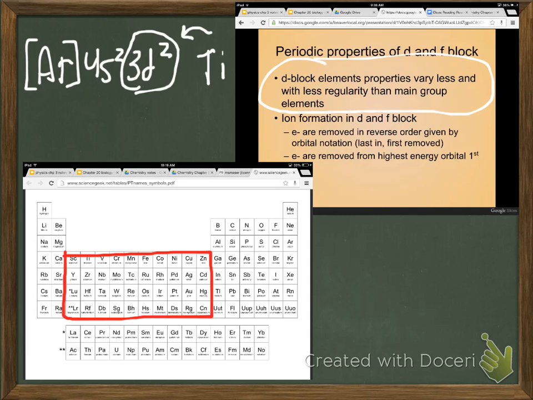So I can actually pretty well promise you, and I think I can make good on this, you will never in my classroom see an ion on the F block. Promise you. You're going to do a lot of D block ions, but we don't mess around with the F block really. It's just too weird. But this is the important thing to remember, that the electrons are removed in the reverse order that they filled in. So the last electrons that were added are the first ones that get booted.